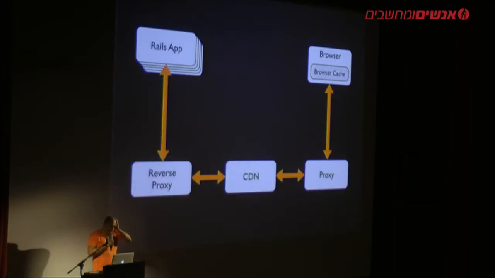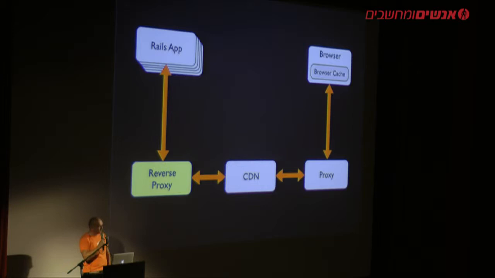Now let's look at how a typical web browser request goes to our Rails application and where we can cache stuff. We start within a browser, and the browser has its own cache. Then we might get into a proxy server, like your corporate proxy or ISP proxy. Many of them have caching as well. You might go through a CDN if your application uses a content delivery network, like Akamai or Amazon CloudFront.